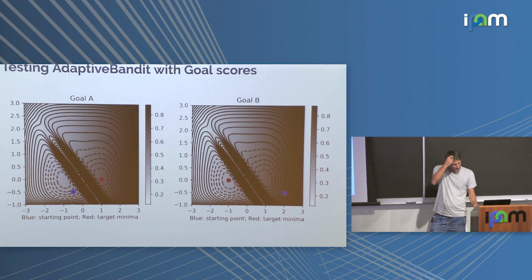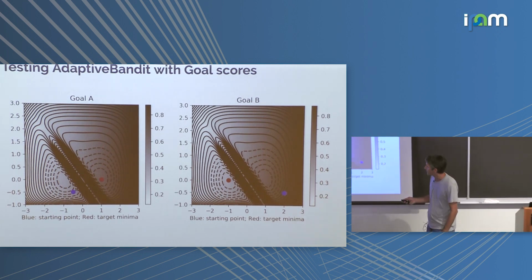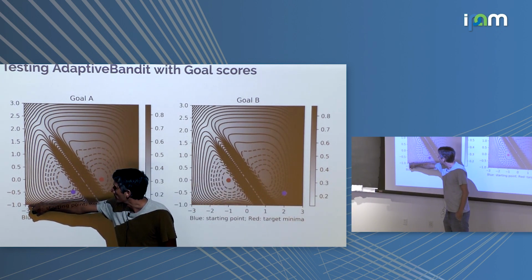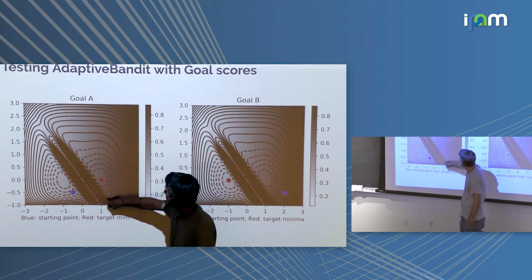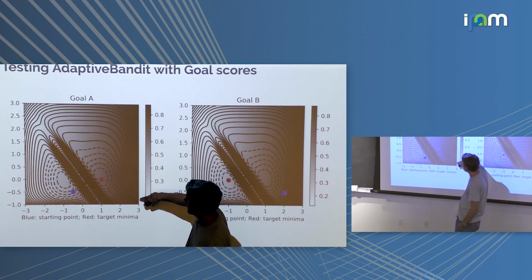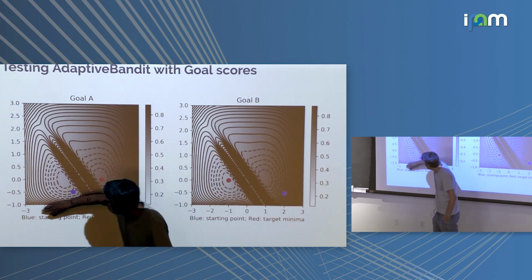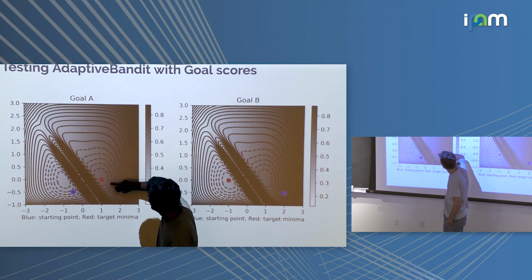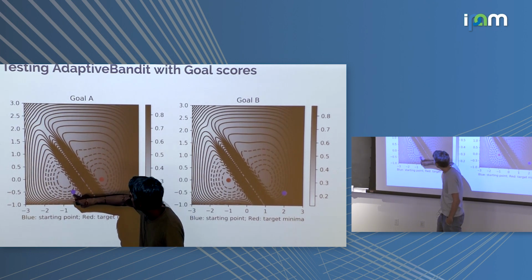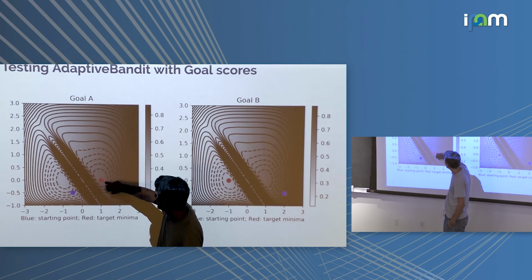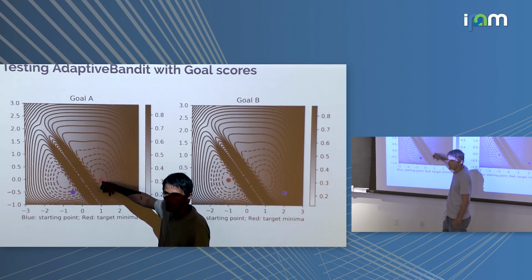And another thing, to show you what I told you: in this case, we have a prior which is kind of a slope. We start once from here, and once we want to reach the other well.